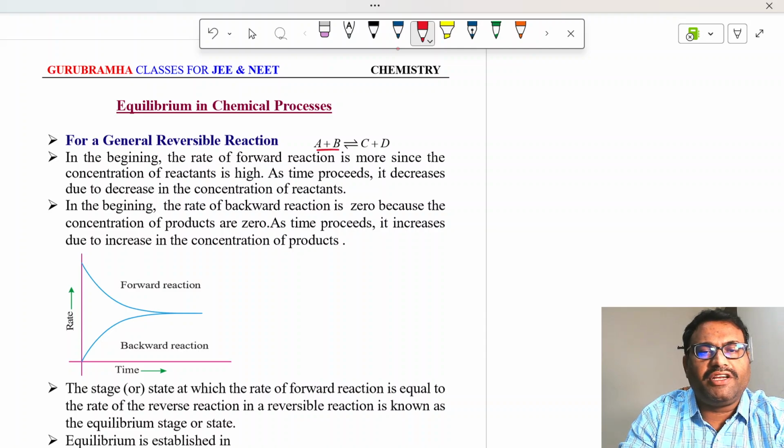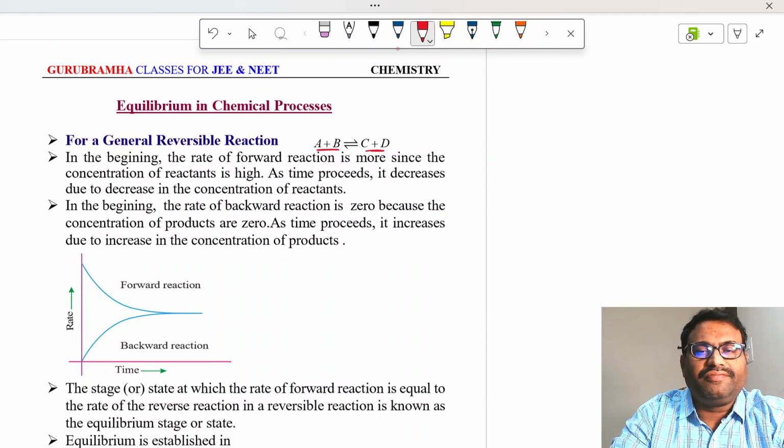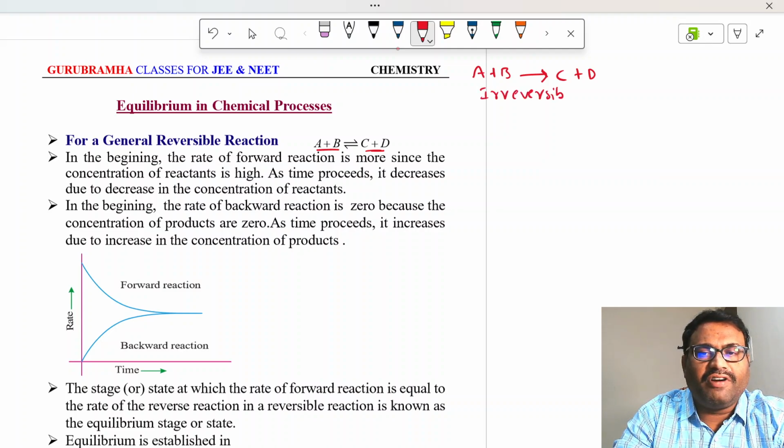A plus B gives rise to C plus D. If you write a single-headed arrow, it represents an irreversible reaction. In an irreversible reaction, chemical equilibrium is not possible.